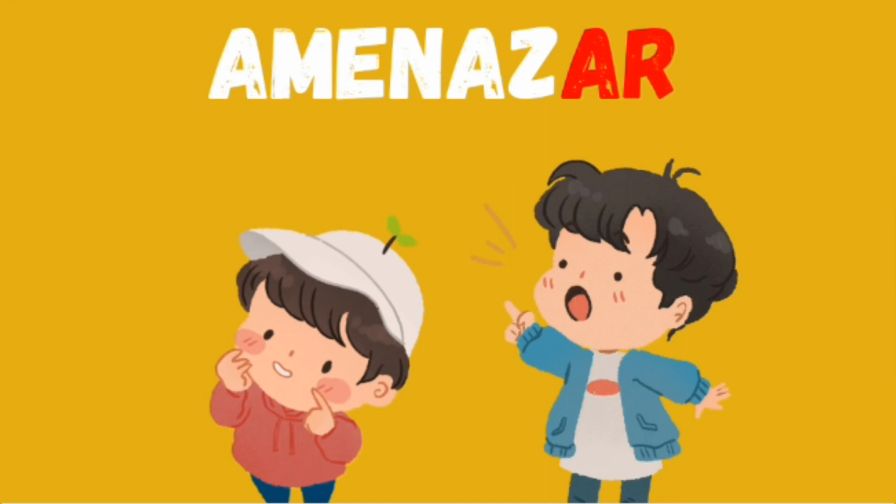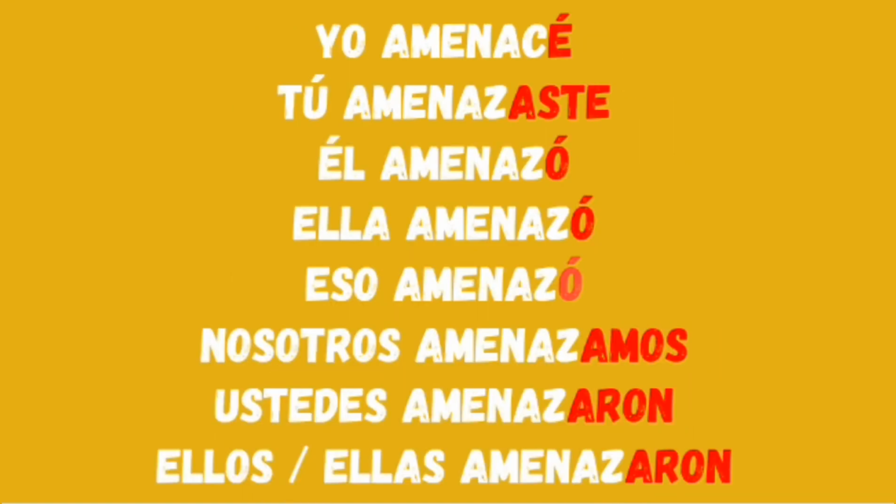Amenazar. Okay, so now let's see how you have to conjugate this verb in the indefinite past in Spanish. If you want to say I threatened, you have to say yo amenacé. Check how different this personal pronoun, I, is at the beginning.